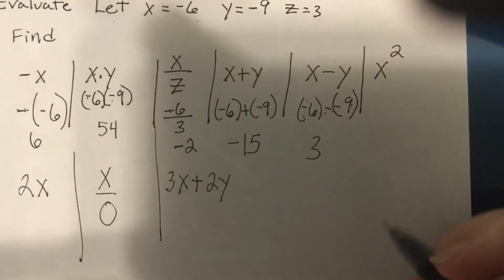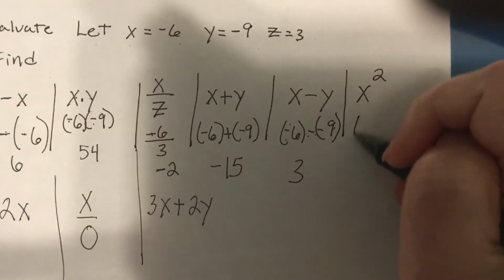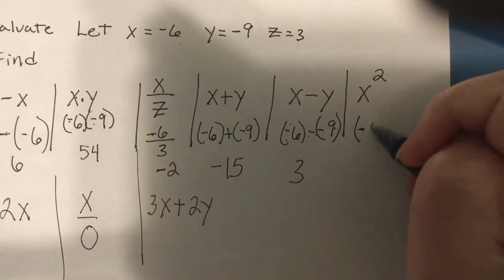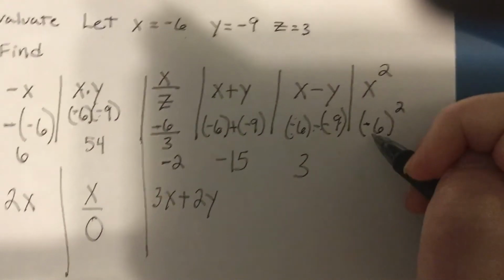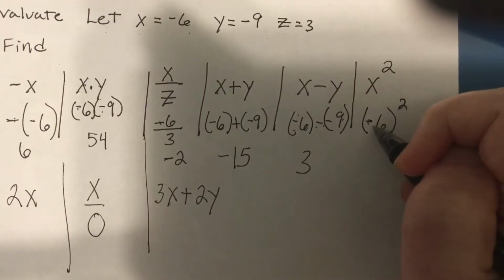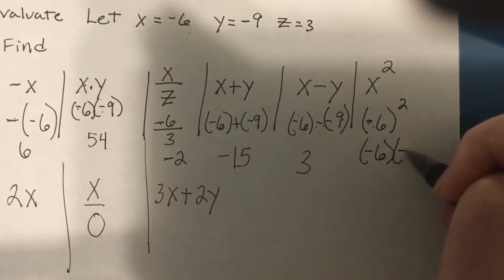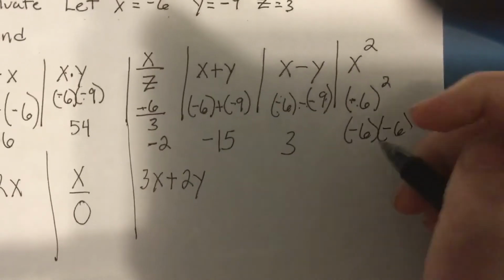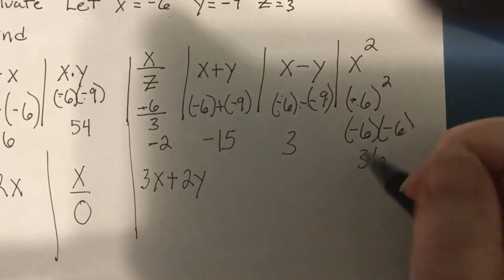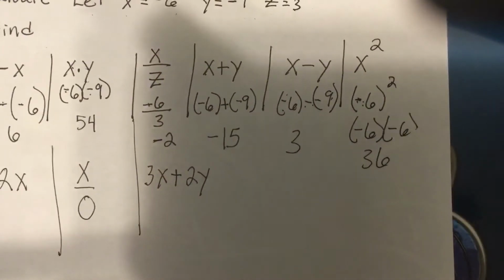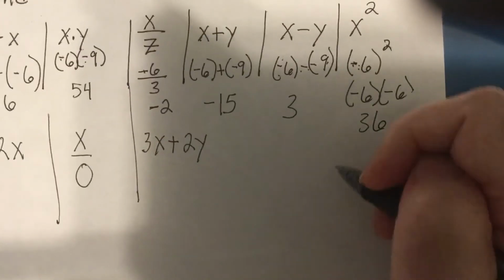How we doing? Now again, has to be put in parentheses. So -6 quantity squared is positive, because that'd be -6 times -6, which is positive 36. You have two of them multiplied together. Now, be careful.